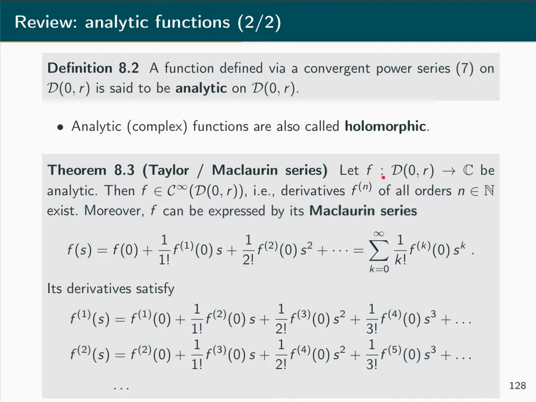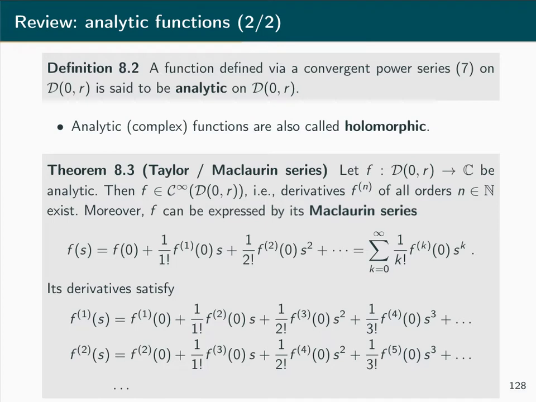Let f be an analytic function which maps from its convergence disk into the set of complex numbers. Then, first of all, f is an infinitely differentiable function on its domain, meaning that arbitrary derivatives of f, denoted by f^(n), for any order n in the set of natural numbers exist.